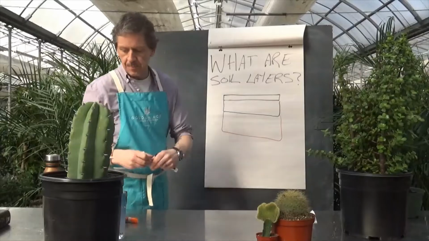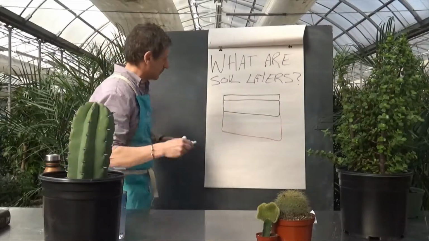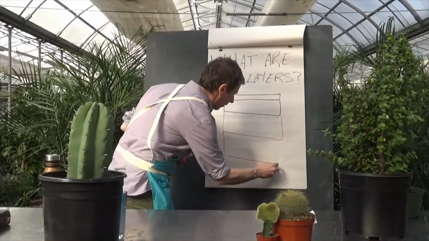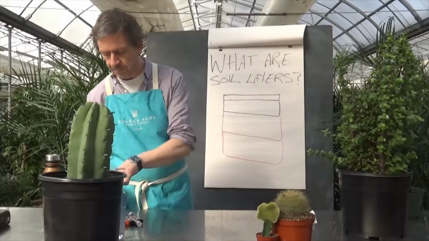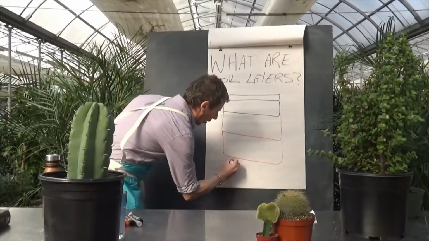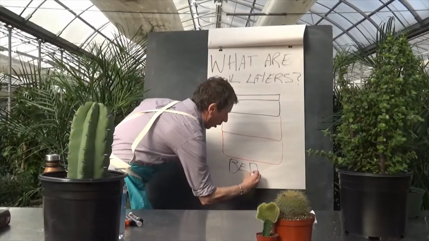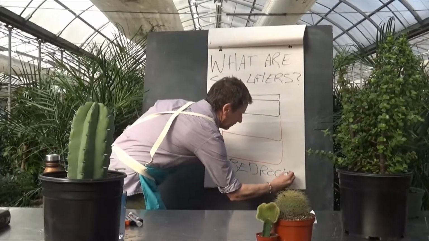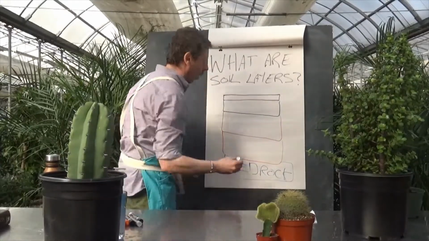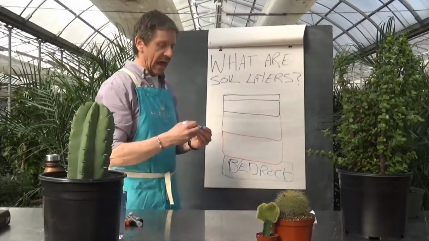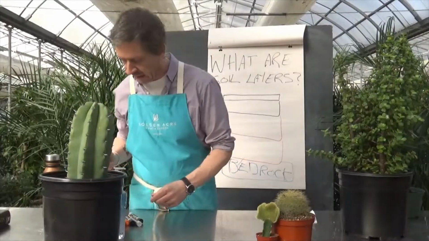Another layer. And then there's a bottom layer. The bottom layer here is bedrock, and that's exactly what it sounds like. It's just large rock, large stone. It's what everything sits on.